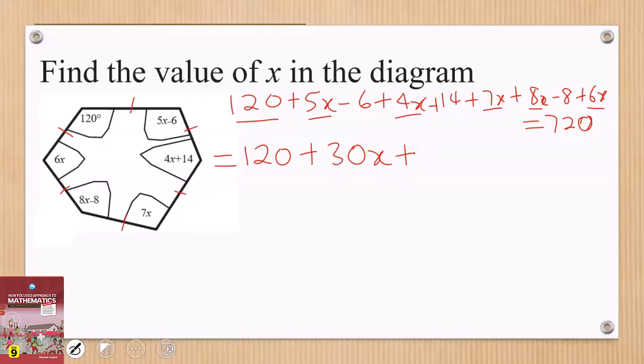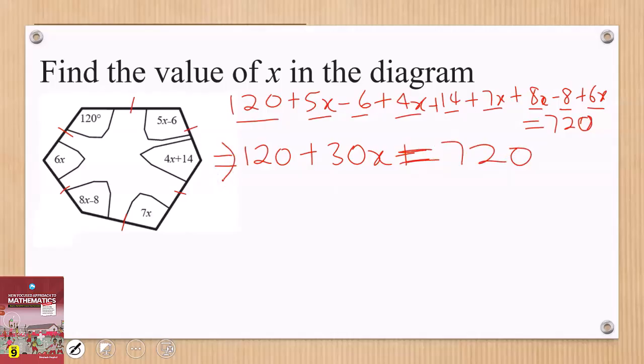Then the single numbers: we have negative 6 plus 14, which gives us positive 8. Positive 8 minus 8 will be 0, and so that part is gone, leaving us with 120 plus 30x equal to 720.